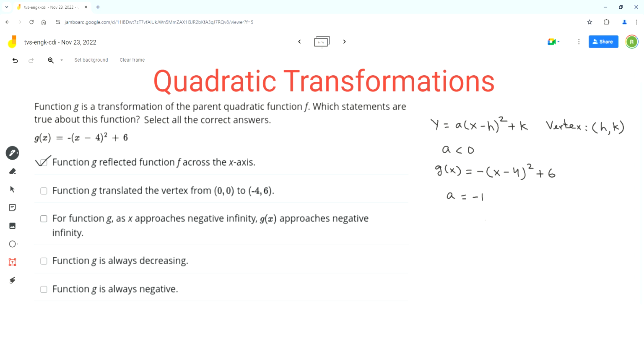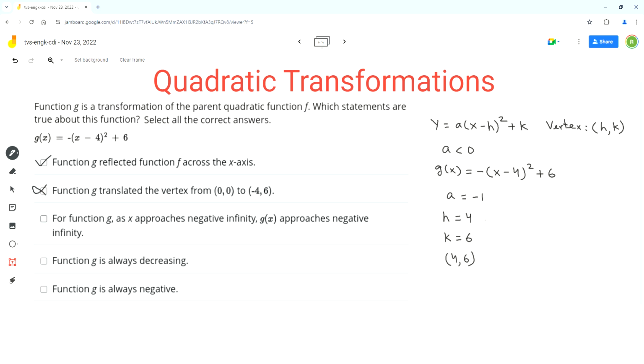In the function g at x, the h value is +4 and k is equal to 6. The vertex of this parabola is 4, 6. That means option B is not correct because the translation happens from 0, 0 to 4, 6, not -4, 6. So option B is not correct.